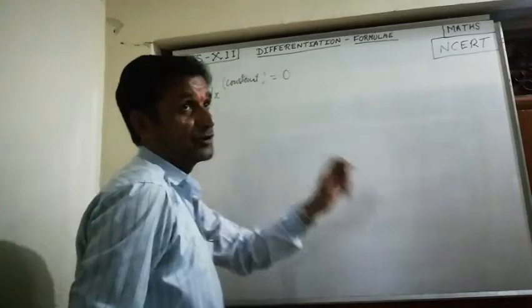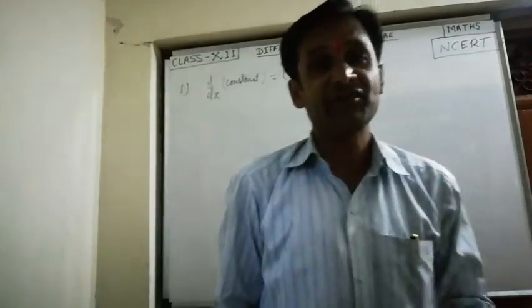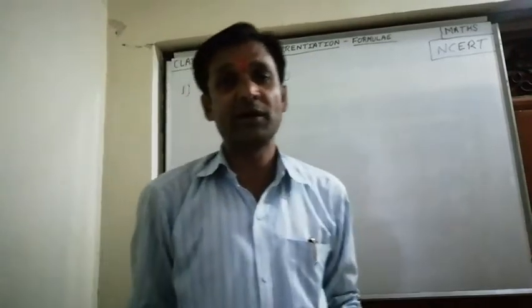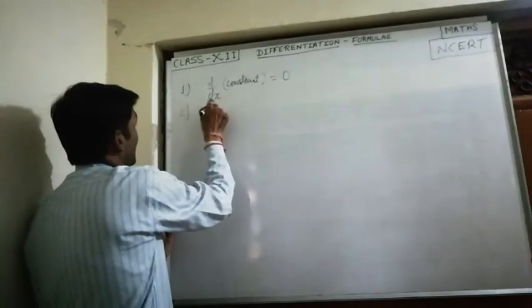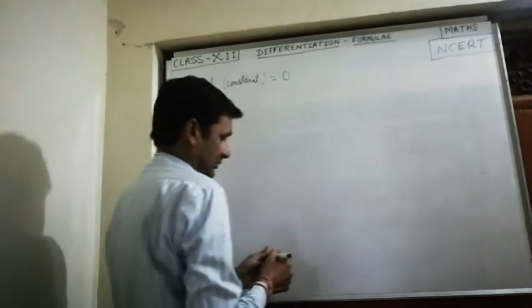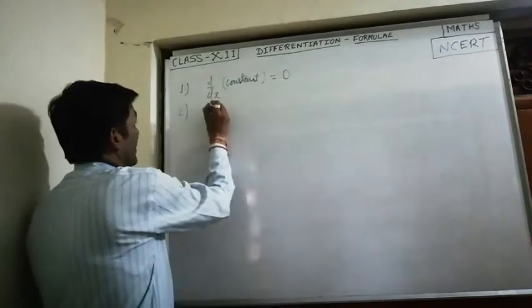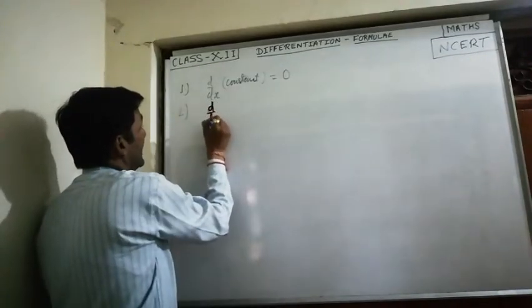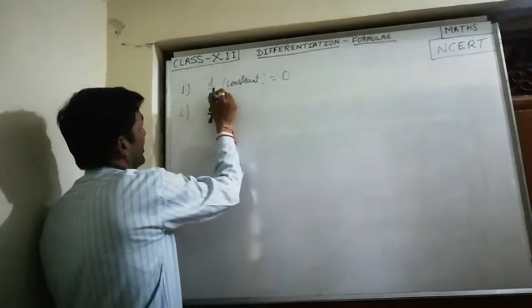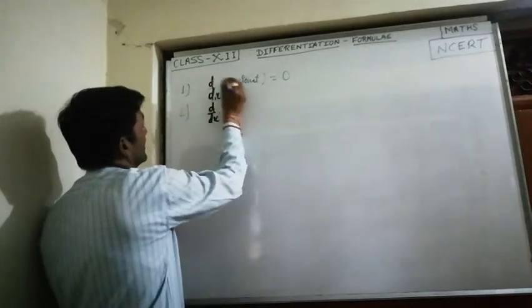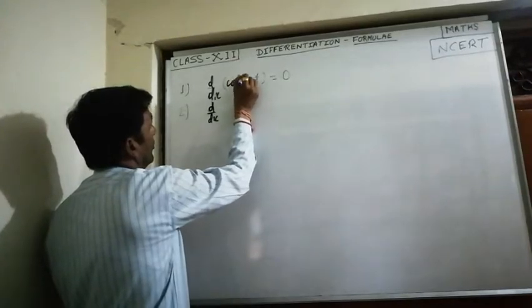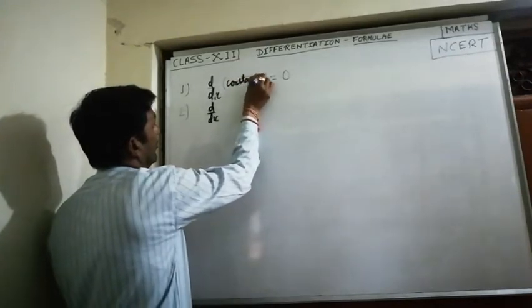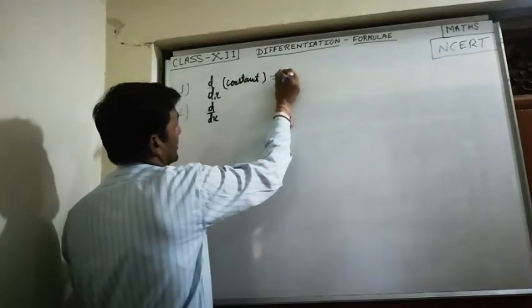So suppose differentiation of 2 alone or differentiation of a alone, which is a constant quantity, differentiation of constant is 0. It is the symbol of differentiation, d by dx. Differentiation of constant is 0.